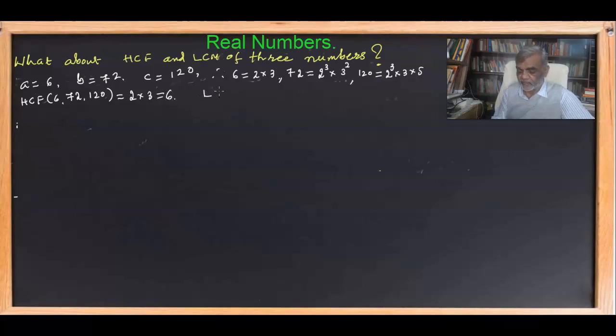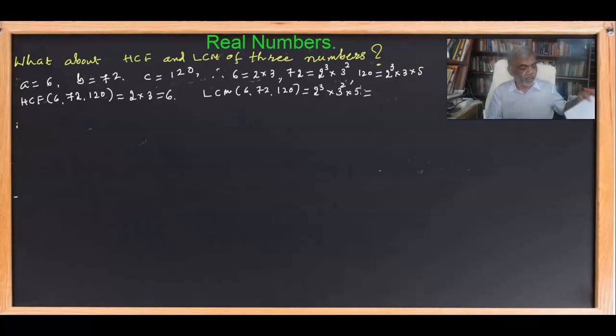And the LCM of 6, 72 and 120 is the greatest powers, that is 2 raised to 3, 3 raised to 2 and 5, which equals 360.